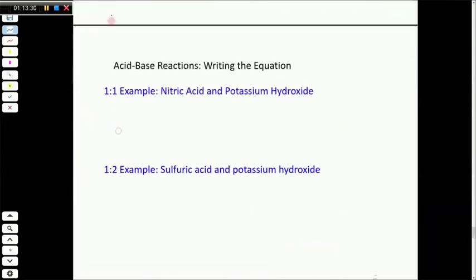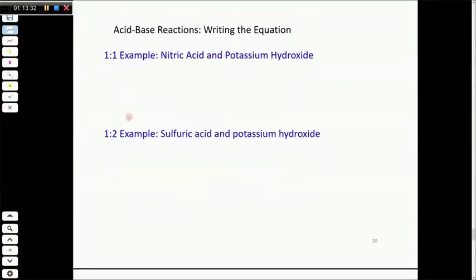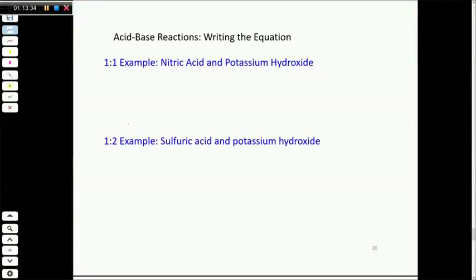A simple one to start with is a 1-to-1 reaction with nitric acid and potassium hydroxide. These are a strong acid and a strong base, so the simplest type of acid-base reaction. We take the acid, nitric acid, HNO3, and we combine that with our base, KOH, a soluble ionic compound, so it's a strong base.